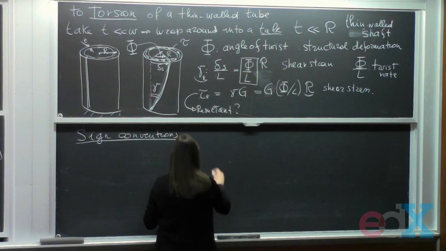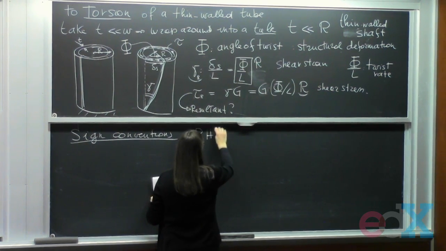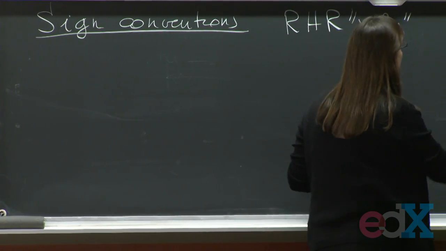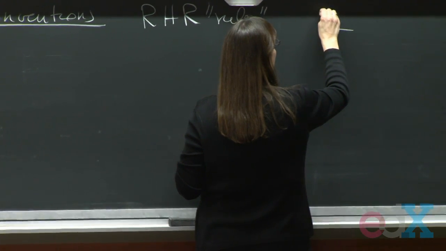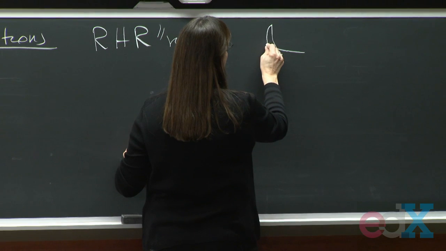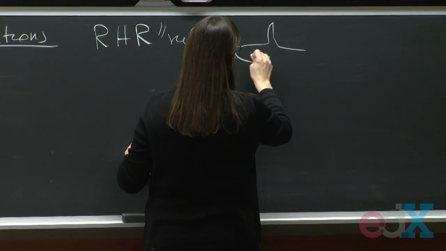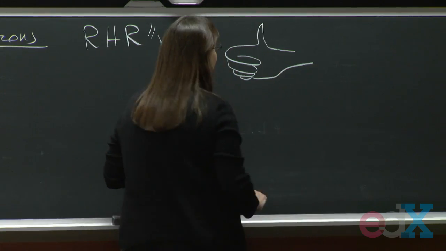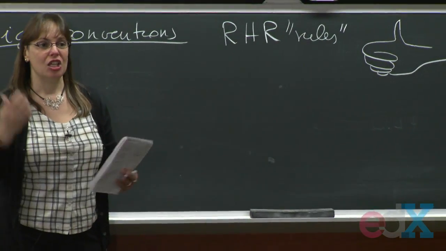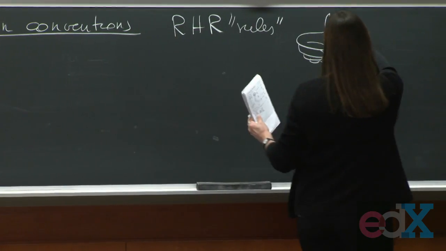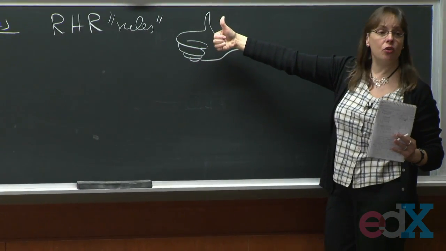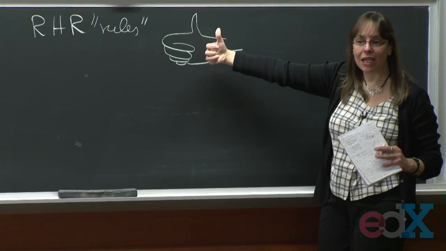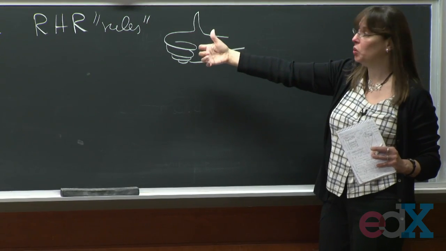So the sign convention is that the right-hand rule rules torsion. Okay, so the right-hand rule means you take your hand. Oh, God, I cannot draw this hand. I'm going to do like that, kind of. It's a very ugly hand. Okay, so you take your thumb, and your right-hand rule tells you what is the axis of your rotations, the axis of your torques, because we're going to get into torques.